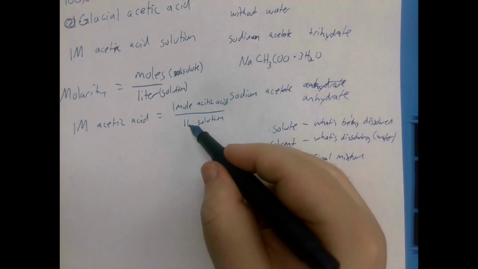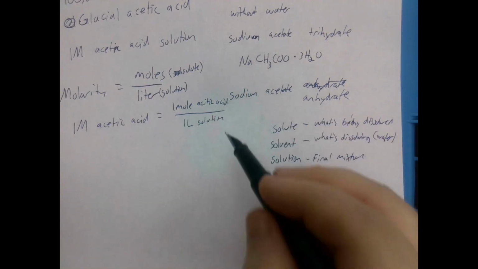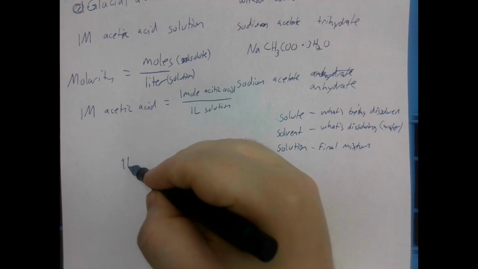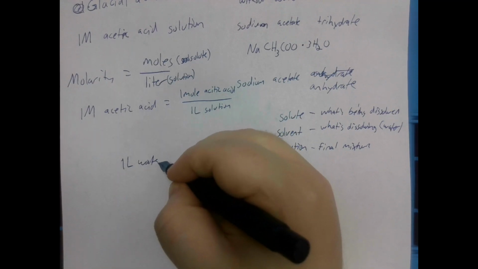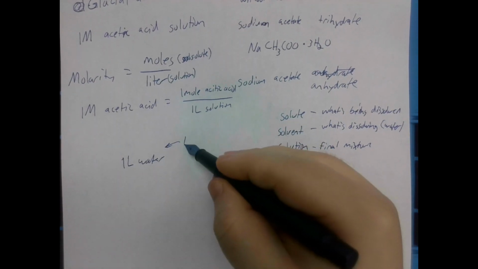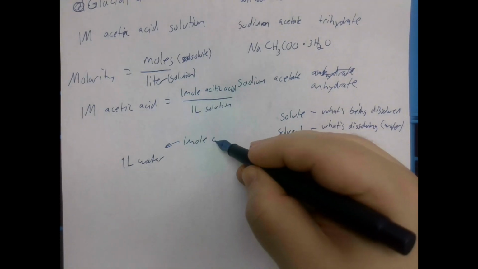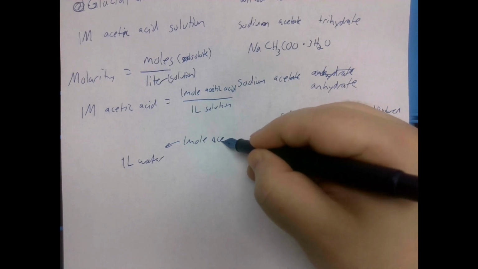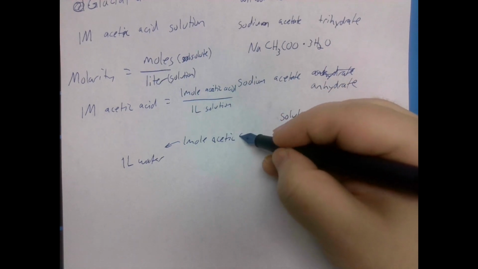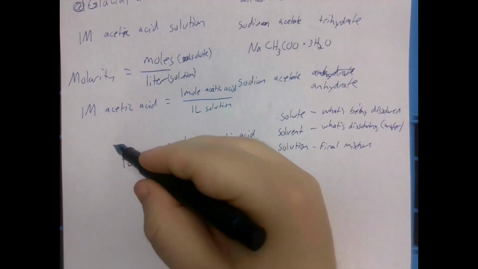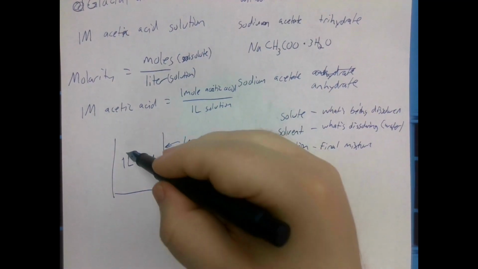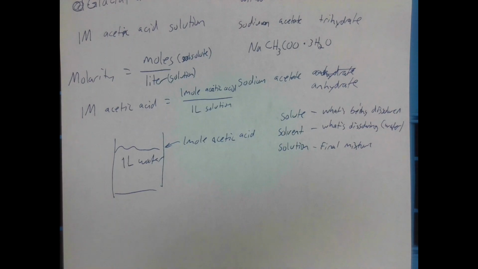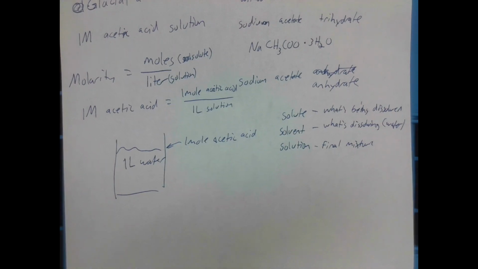Note the final volume is what we're using. So that means we can't start, if we put 1 liter of water and dump into it 1 mole of acetic acid, would we have a 1 molar solution?